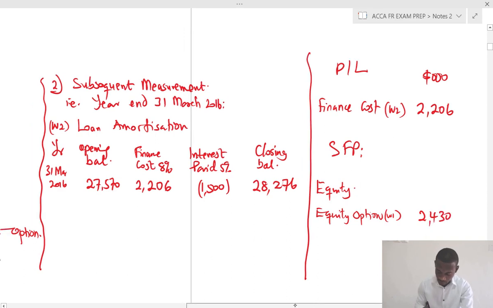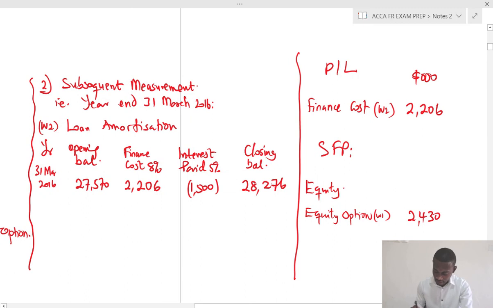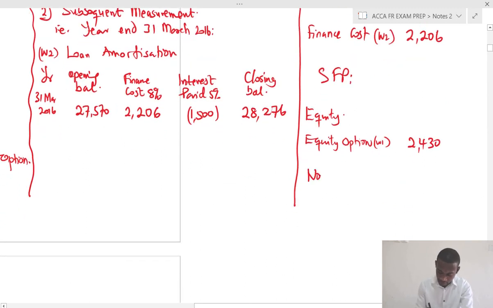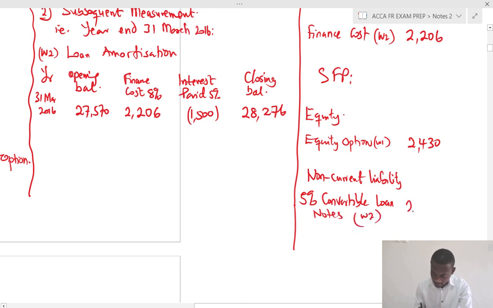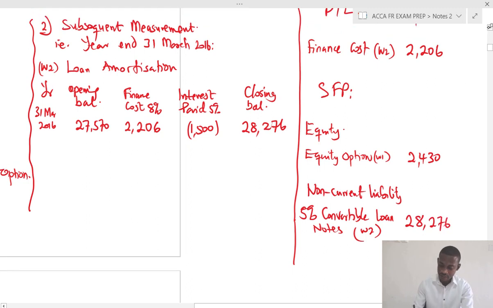And then I can go down and say the non-current liability. And this would be the 5% convertible loan note, and that will also be workings 2, and the value will be 28,276.